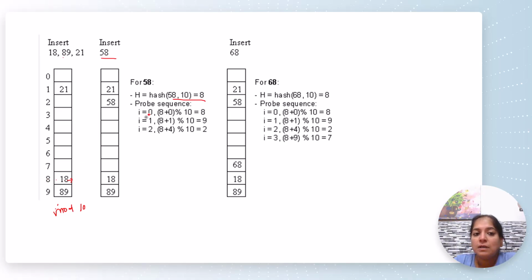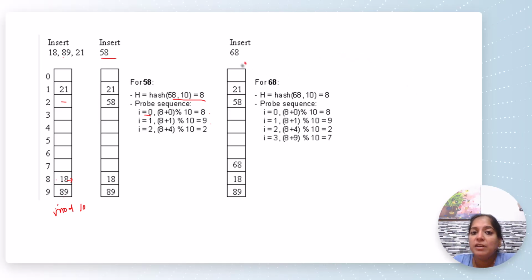So we calculate the next probe. i equals 0 gives us 8, which is already occupied. We use i equals 1, which becomes 8 plus 1 mod 10, which gives us 9, already occupied. So we do i equals 2, which becomes 8 plus 4 mod 10, which gives us 2. 2 is empty, so at index 2 we put the value 58.